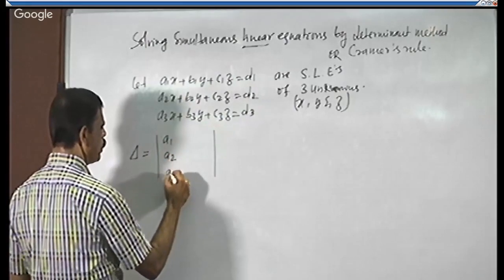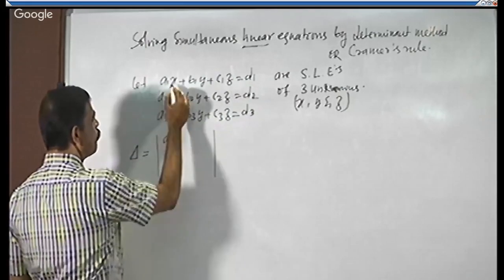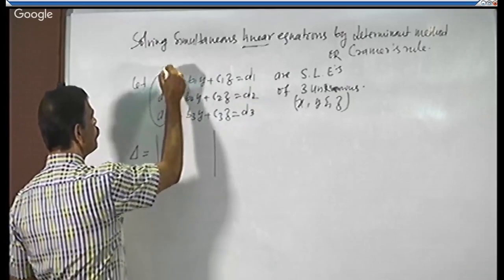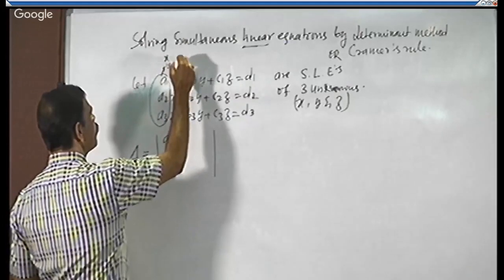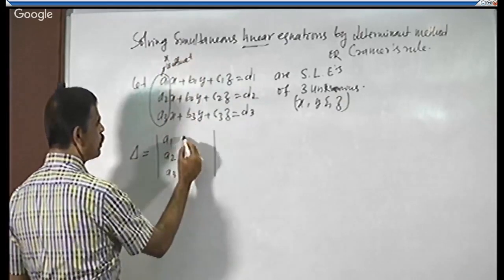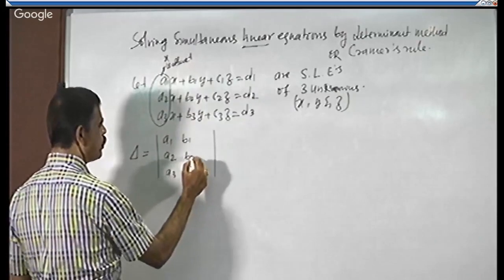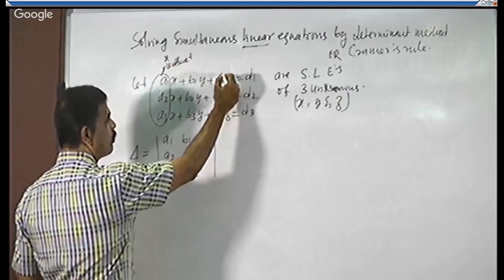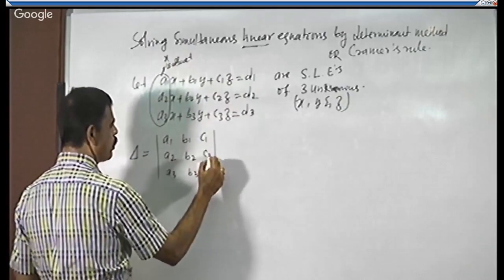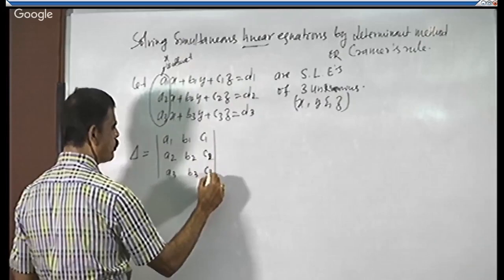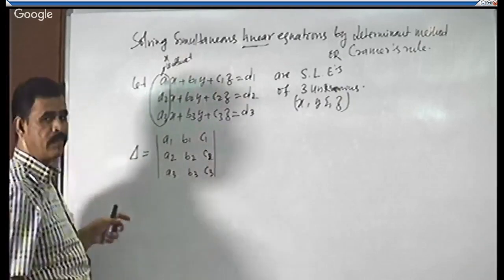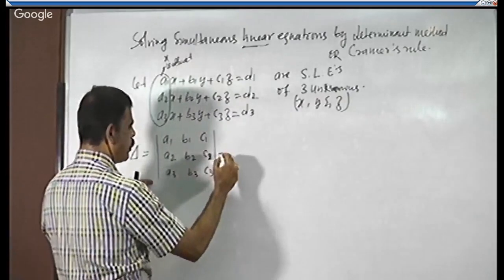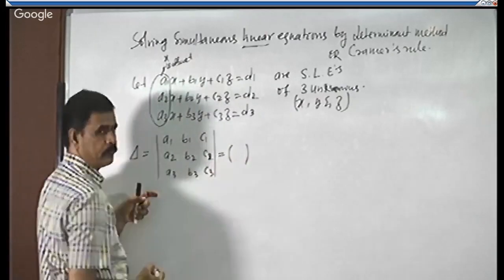A1, A2, A3. A1, A2, A3 are first unknowns coefficient. They are the x coefficient. Second column is y coefficients, B1, B2, B3. Z coefficient, which is third unknown, whose coefficients are taken at third column. C1, C2, C3. It is a coefficients matrix. If it is expanded, definitely you will get some value.